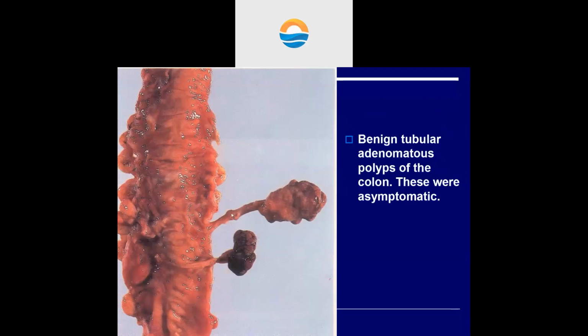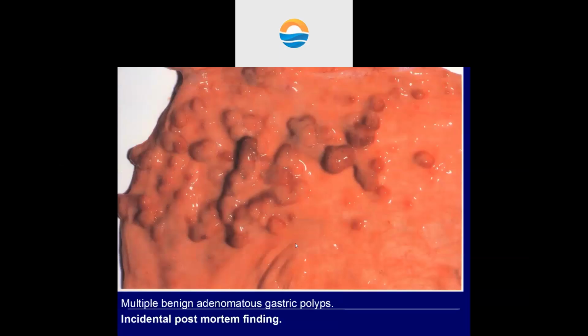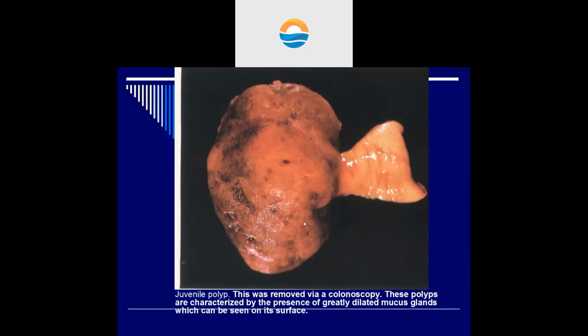Here you see benign tubular adenomatous polyps in the colon. These were asymptomatic ones. As I already showed you, you see multiple benign adenomatous gastric polyps, and it is an incidental postmortem finding. This picture has already been shown to you.